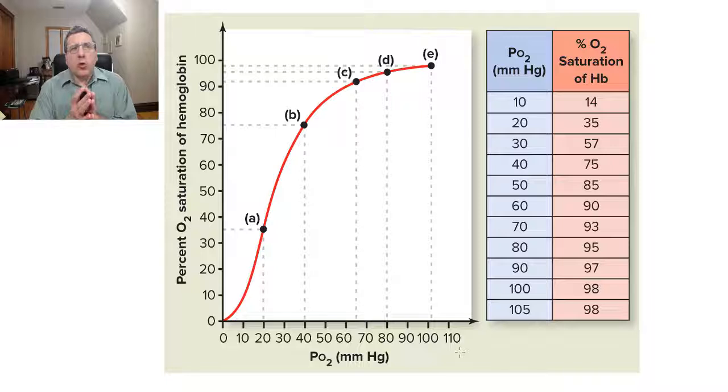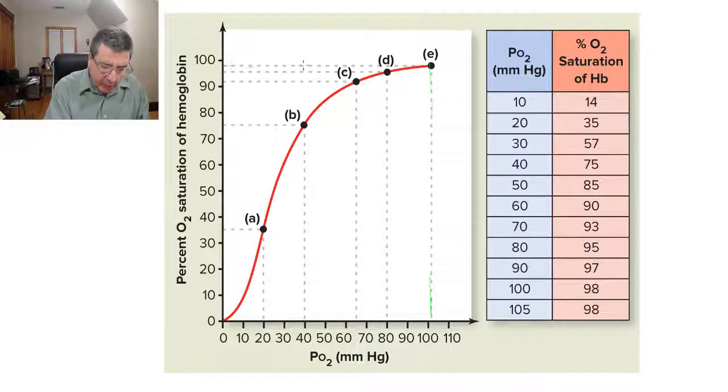So we know that the partial pressure of oxygen in the alveoli is 104 millimeters of mercury. So let me do this in green. 104 is roughly this dotted line here, coming all the way up, and it comes over here.